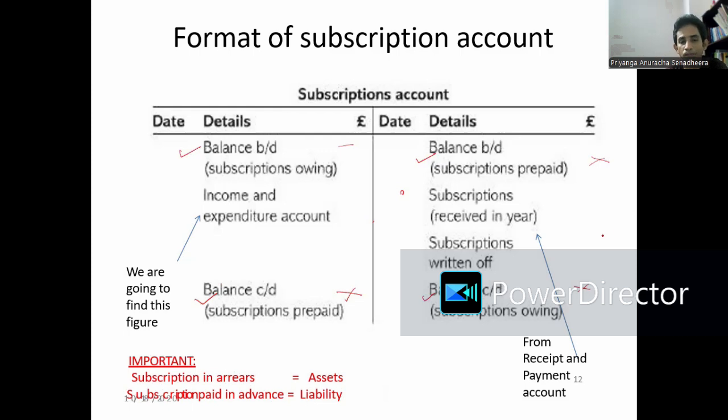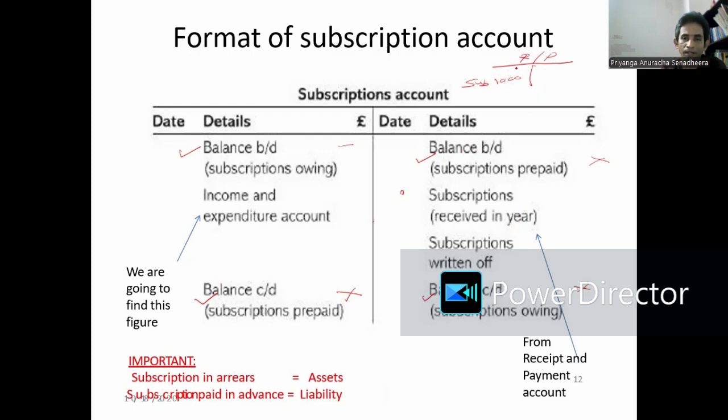Another two very important items we have to gain here. I think you can remember when I was explaining a receipt and payment account. I told you receipt and payment account will have an item called subscription, some amount, imagine it's 1,000. This includes many things I told you at the beginning.